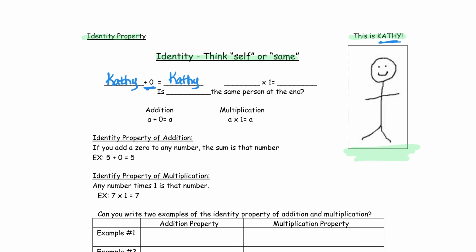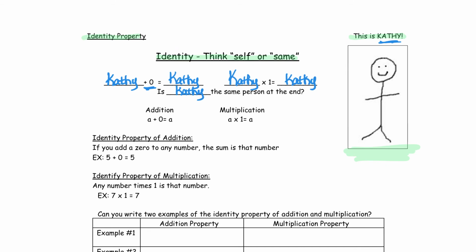Then we have Kathy again, and if we multiply Kathy by herself or times 1, we are still left with Kathy. So in this case, is Kathy still the same person at the end? Of course she is.